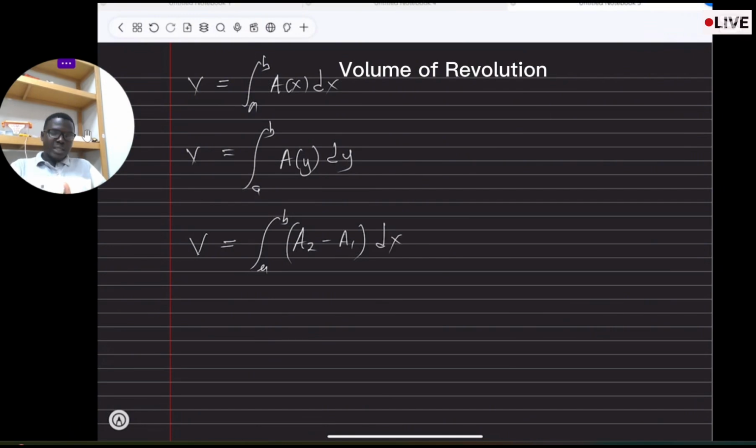With respect to x, if you are revolving it along the x-axis. Or if you are revolving it along the y-axis, then you will have to express the function in terms of y, and then integrate it with respect to y, and the limits must also be changed in terms of the y-axis.